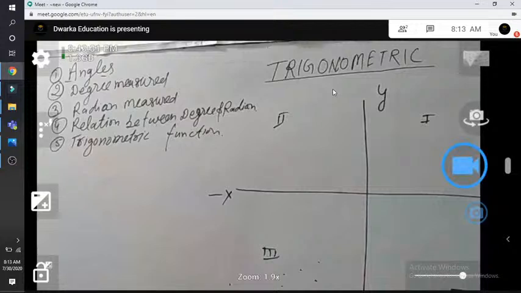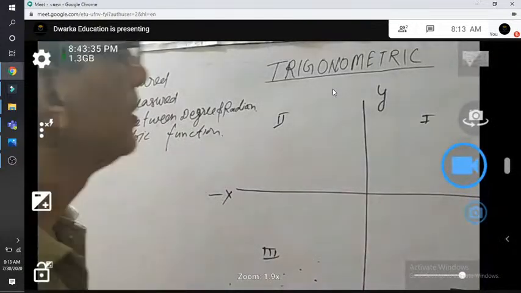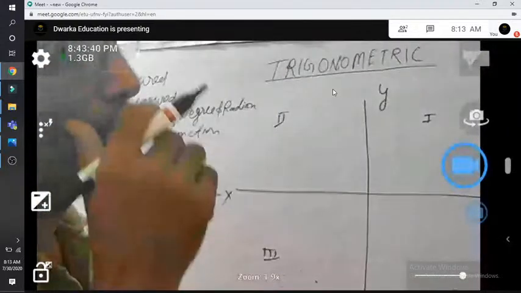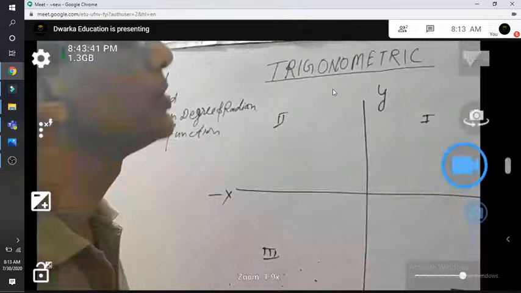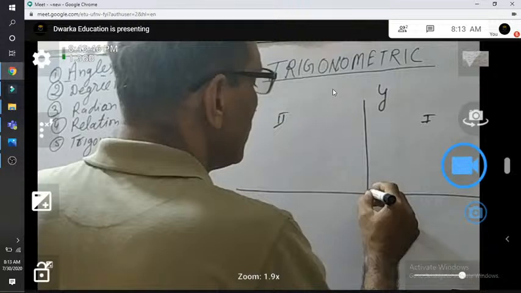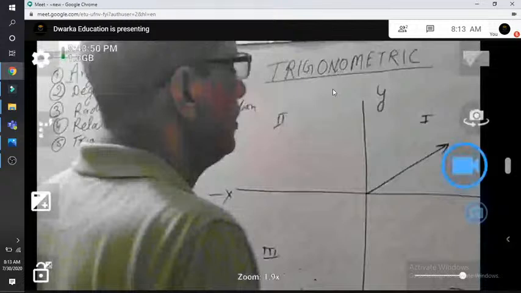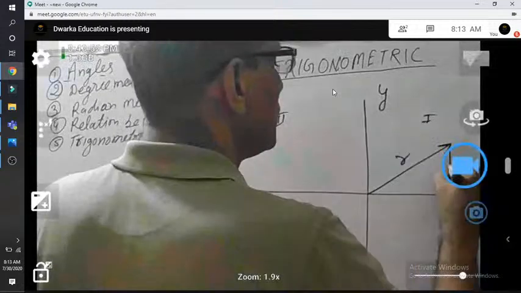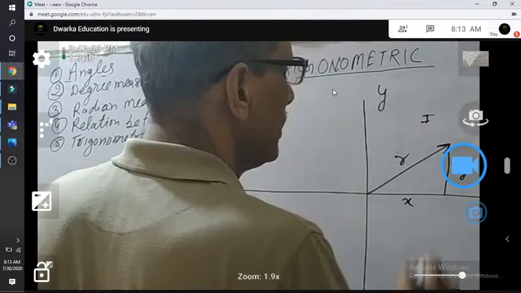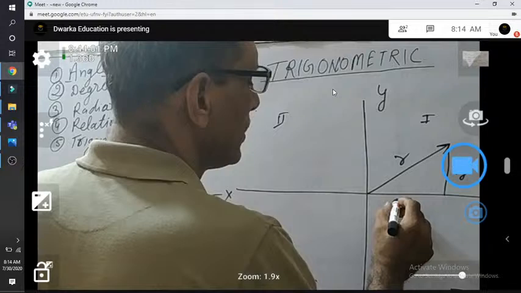In the first quadrant, we know that all trigonometric function ratios are positive. Why are they positive? Let this be r, this is equal to y, and this is equal to x. In the first quadrant, x भी positive होता है, y is positive.